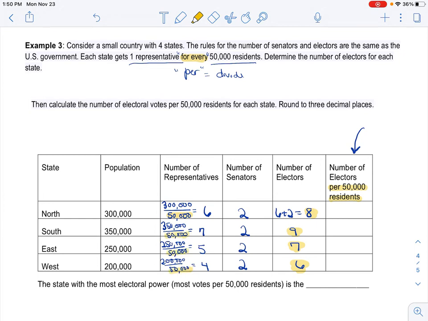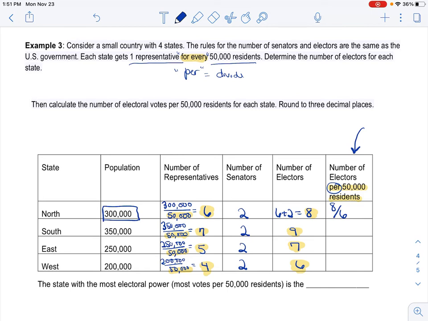And so we already found those values here. And so what we want to do here is we take our number of electors, we divide, since it's per, the 50,000. Well, we know within a population of 300,000, there are 6 50,000 groups in 300,000.